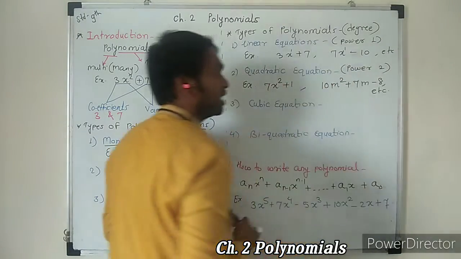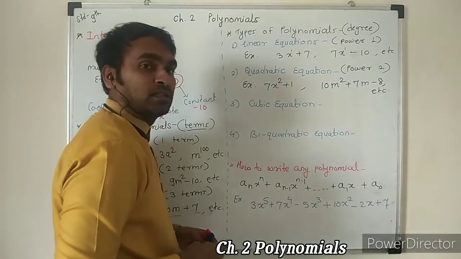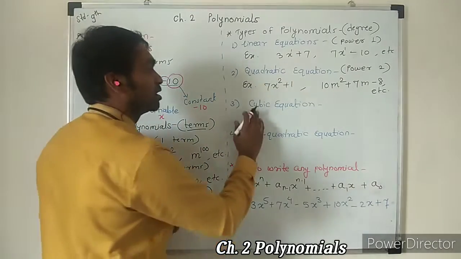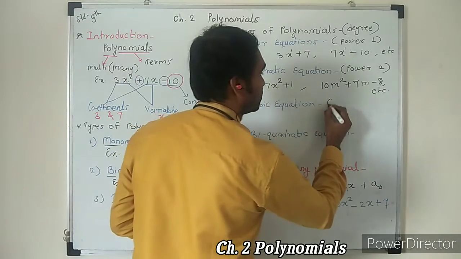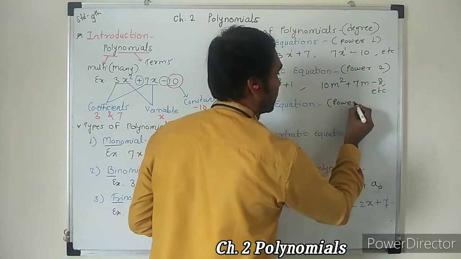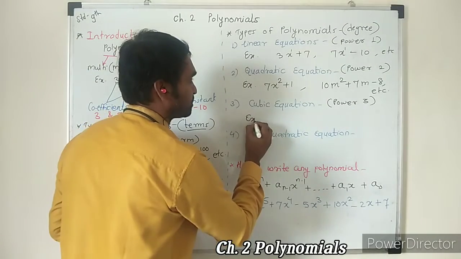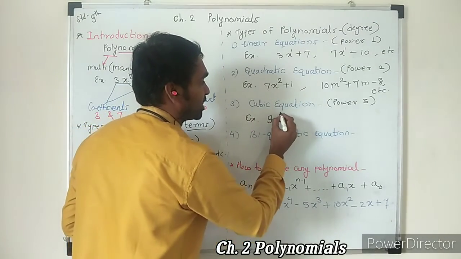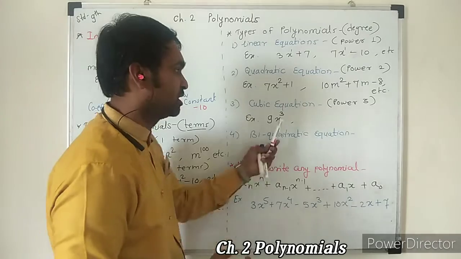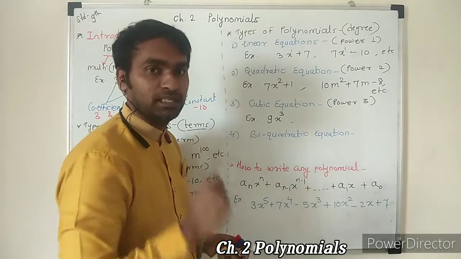Next, the third type, cubic equation. Cubic means power 3, that is degree 3. Example: 9x raised to 3. Only one term is there, but the power is 3.